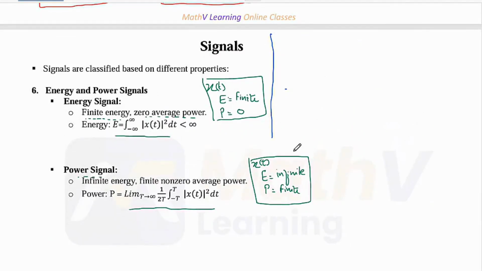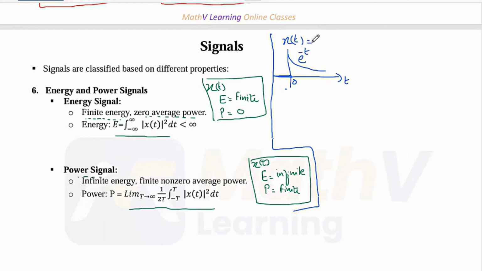Let us take the classic example that is always used when defining this. I have a signal like this, defined only from 0: above 0 we have the signal e power minus t.